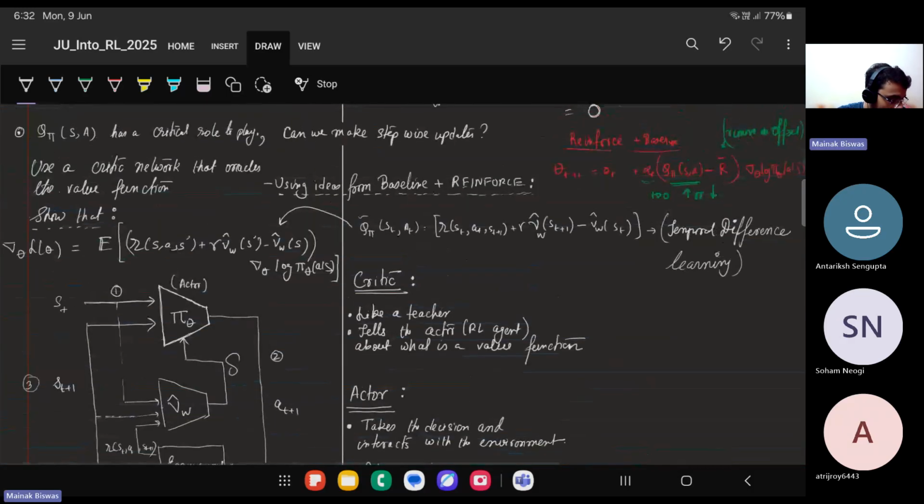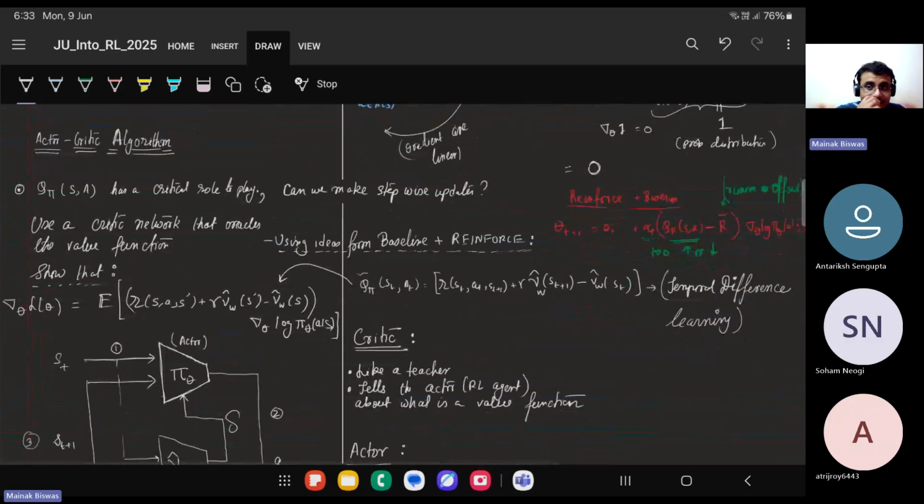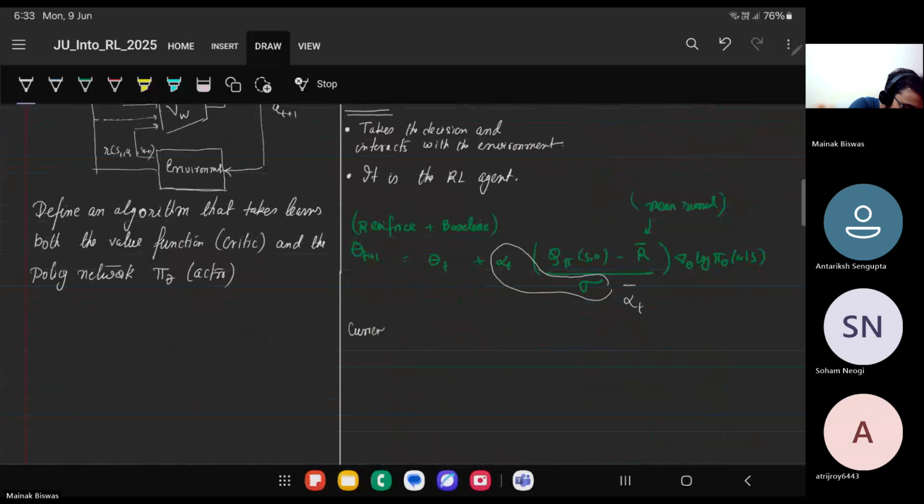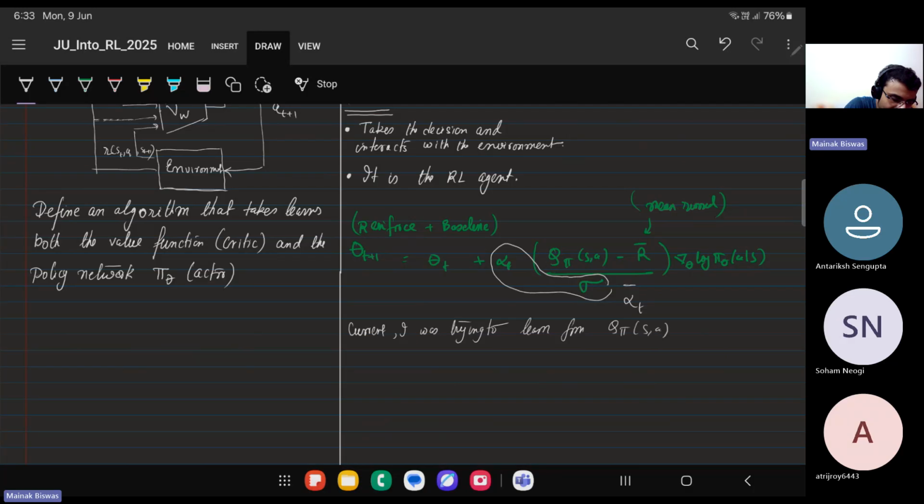That is fine. So once I do a baseline normalization, now I come to what is called the actor-critic method. What is currently happening is that I was trying to learn from q pi of s comma a directly, needing us to store the entire trajectory, yes or no?